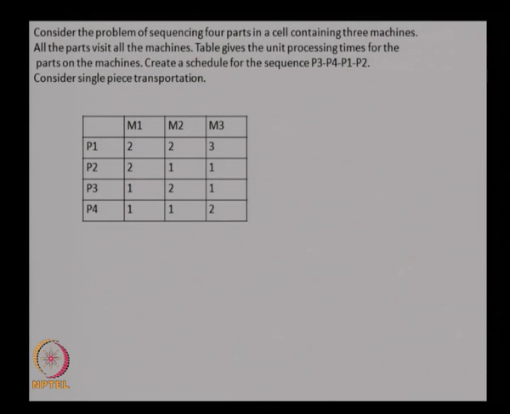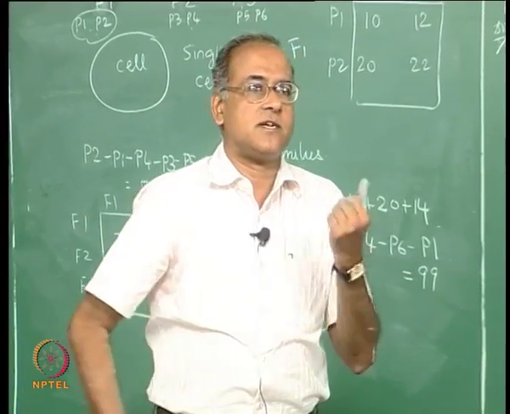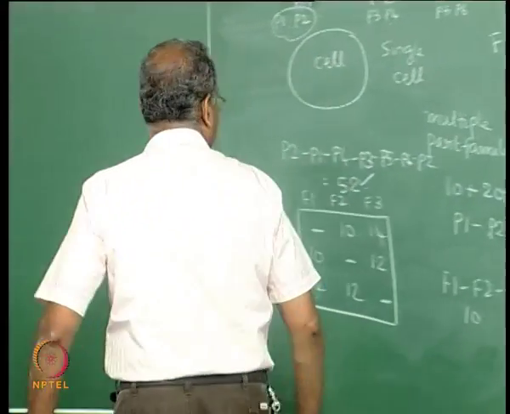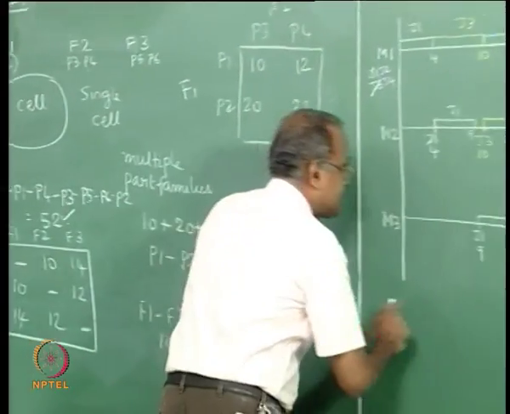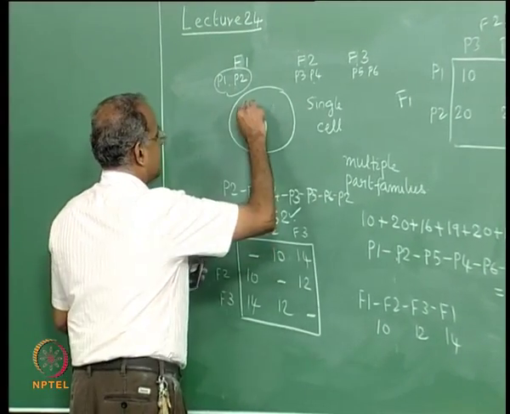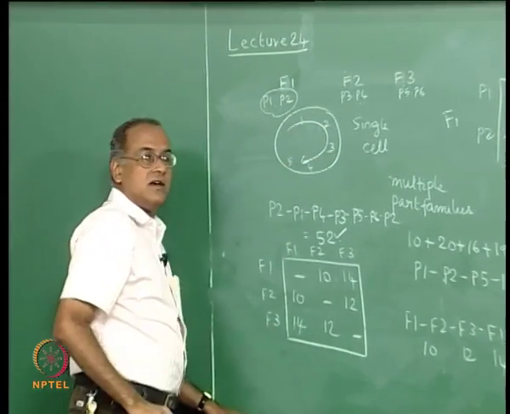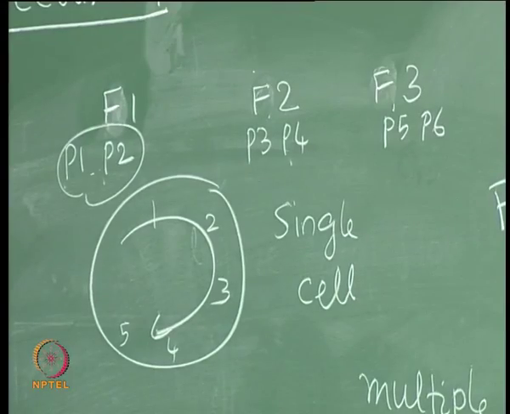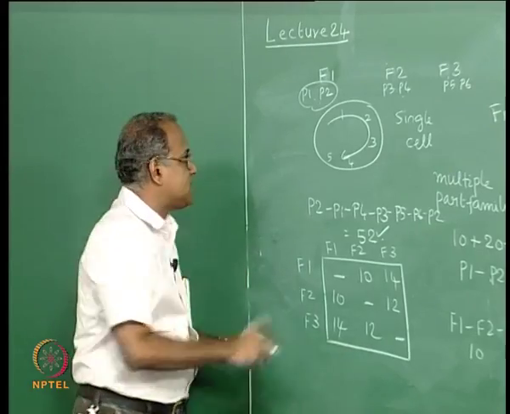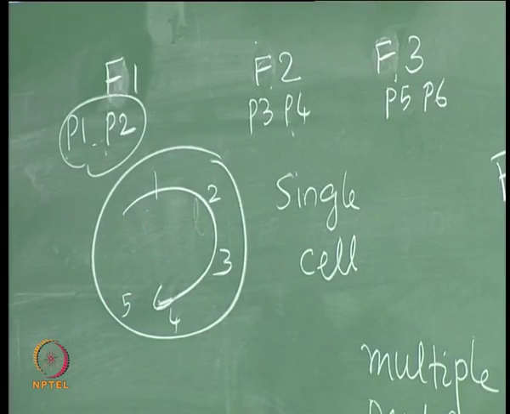The last part that we will see in cellular manufacturing, sequencing and scheduling is to exploit the advantage of small transportation batches. If we have a manufacturing cell that has machines like this, 1, 2, 3, 4 and 5, these machines are located close to each other, and therefore it is possible to have what is called single piece transportation within the manufacturing cell.